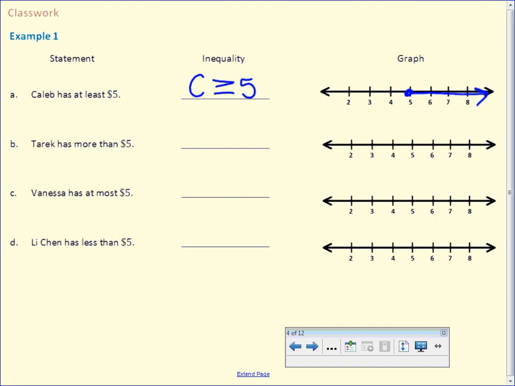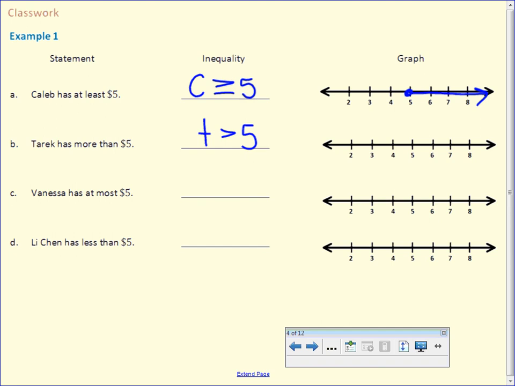Now, Tarek has more than $5. So Tarek has more than $5. Could he have $5? No, whatever he has is more than 5. So whatever he has is greater than 5. Now, here's where it's going to get a little different.